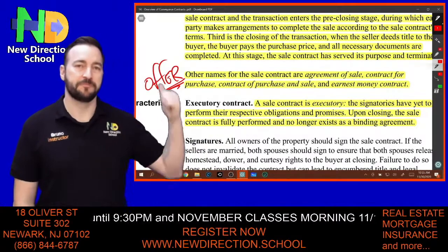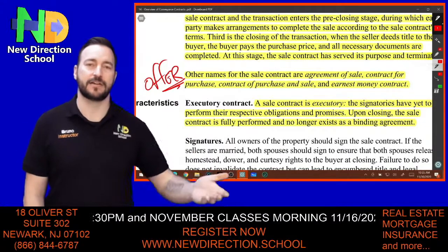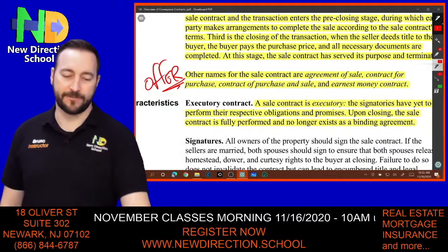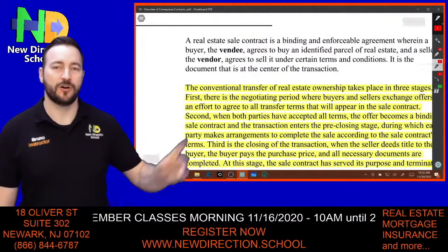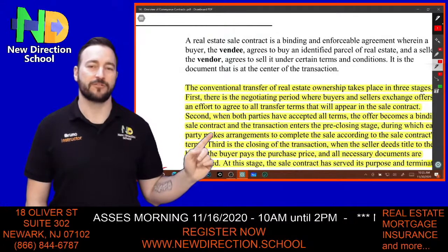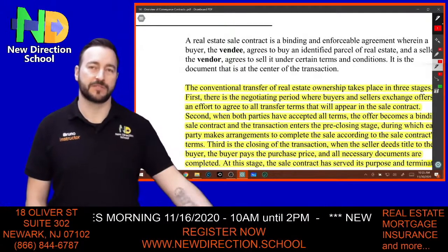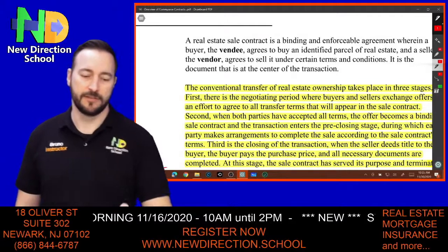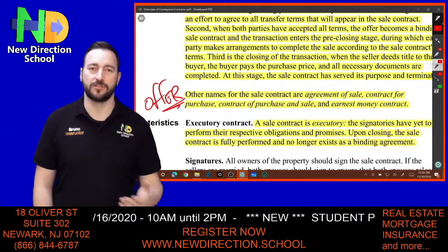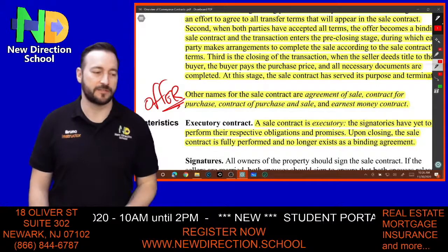So technically, an offer is a contract. It's just that the offer is that first stage. Okay, the offer is the first stage. It's the negotiating period. Once everybody agrees to it, the offer becomes by itself a contract. Okay, so what is an offer? It's a contract. You got to remember that. What is an offer? It's a contract once accepted.